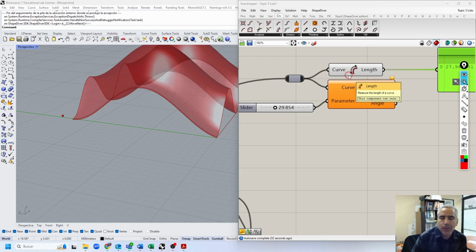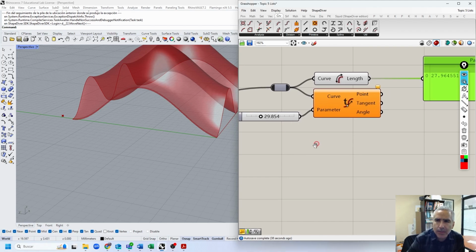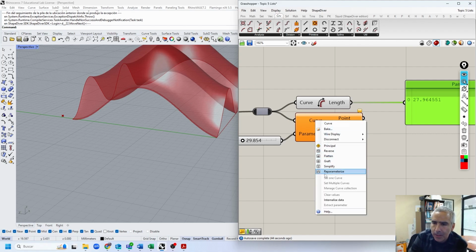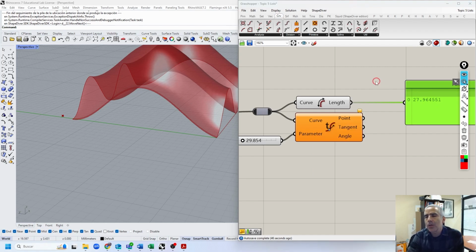So that's one thing. The second thing is that you can do what's called reparameterize a curve. You've probably seen this in our companion book, Foundations, a Grasshopper Primer by ModeLab.